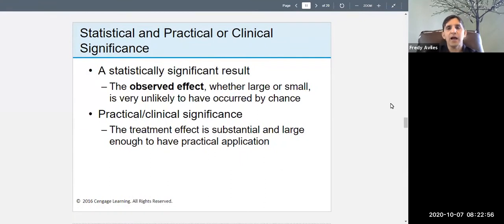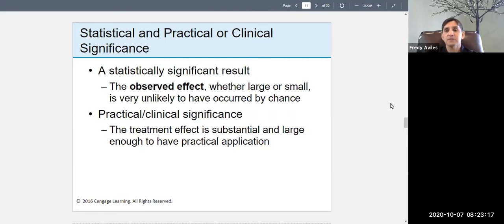How do you know if you have statistical significance or if what you've demonstrated is practical, if it means anything? With these research designs, with single subject research designs, a statistically significant result means that the observed effect, what you're actually looking at, you're looking at the data on the graph, right?